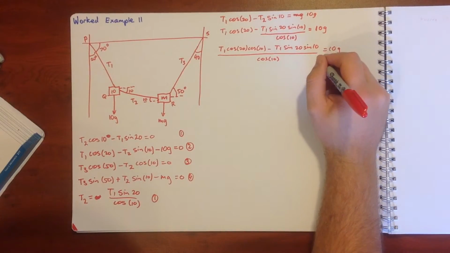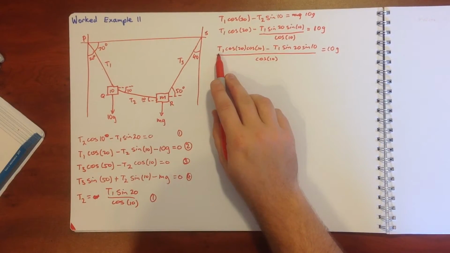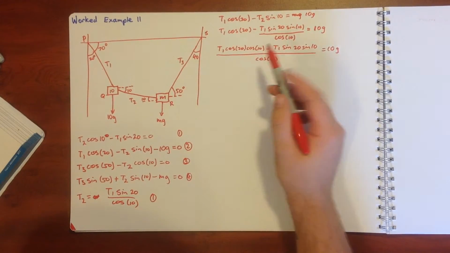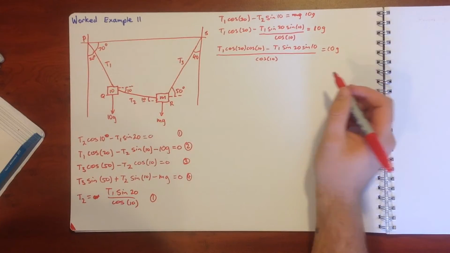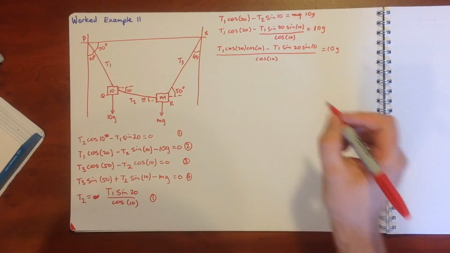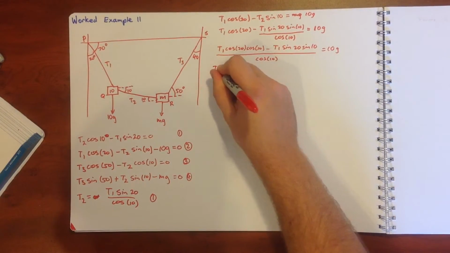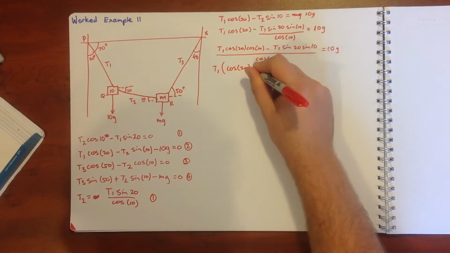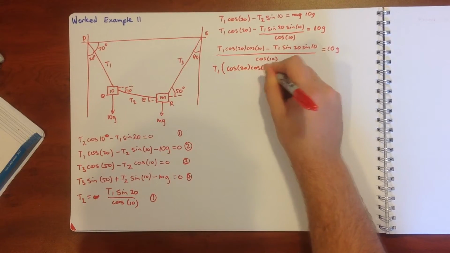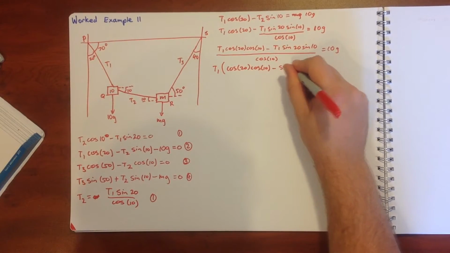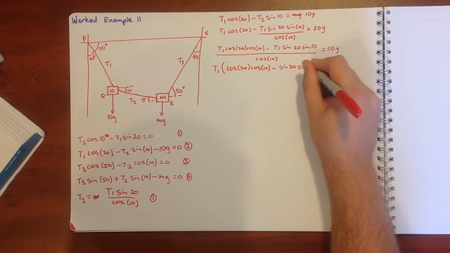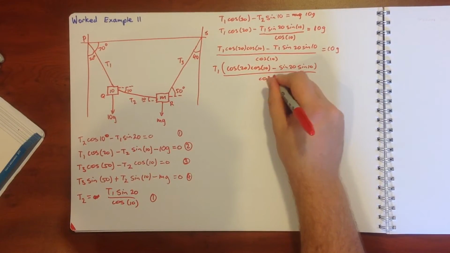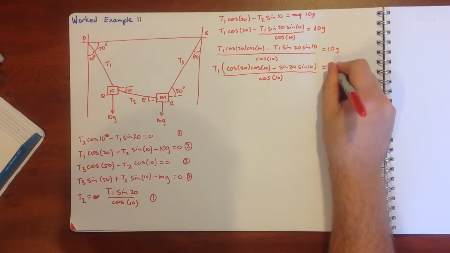Now we could take T1 out as a common factor. Now we've got cos of 20 cos of 10 take sine of 20 sine of 10 over cos of 10 equaling 10g.